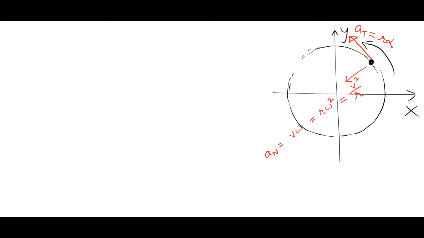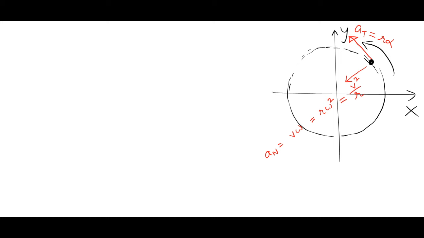And a positive value of alpha would mean a_t is positive and the tangential acceleration is actually in the forward direction as shown in the diagram. A negative value of alpha would mean that the tangential acceleration is in the backward direction, and that's all consistent, nothing wrong in that. So this is the diagram in a nutshell, and that's the diagram for the accelerations.